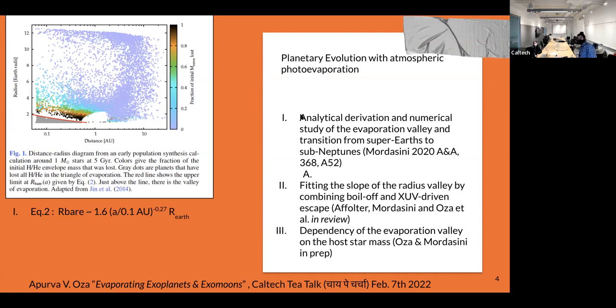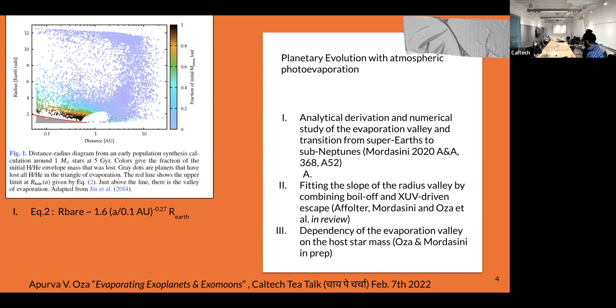On the right-hand side, I just have a series of papers that are coming out regarding these simulations. One is already out by Christoph Mordasini, where he studied this analytically to show that you can actually derive this valley in the Kepler data analytically, just using energy limited escape from the XUV radiation from a star.